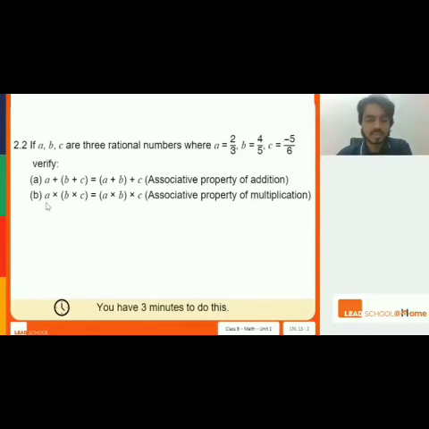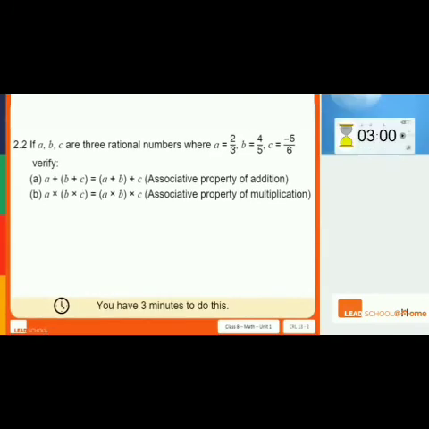And then the second part is you have to verify A multiplied by the product of B and C is equal to the product of A and B multiplied by C. Okay, now you have 3 minutes to do this. Your time starts now.